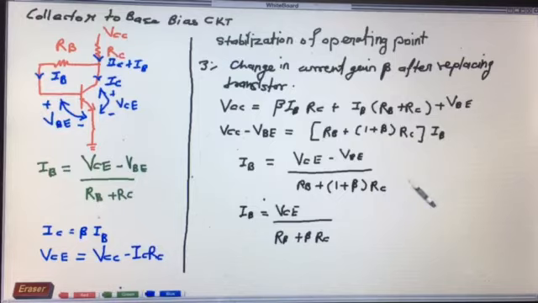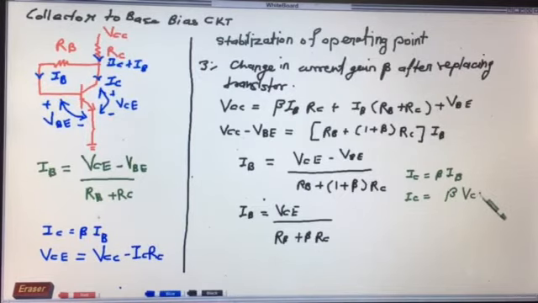Now IC is equal to beta times IB. So IC equals beta times VCC upon (RB plus beta times RC).